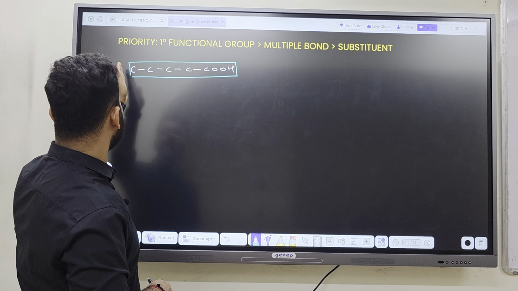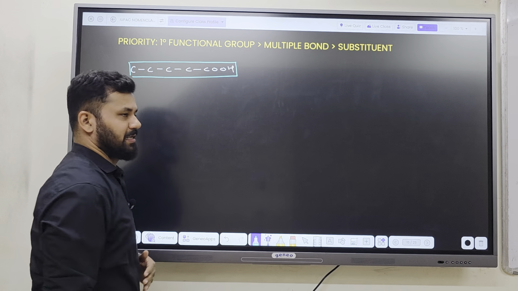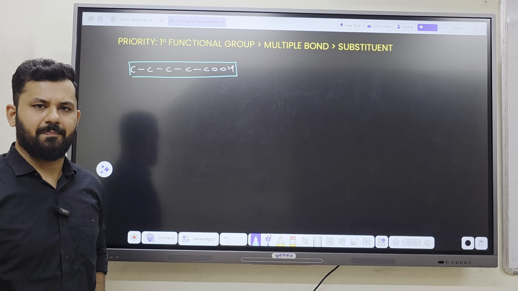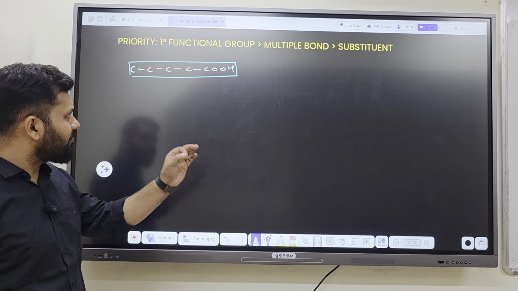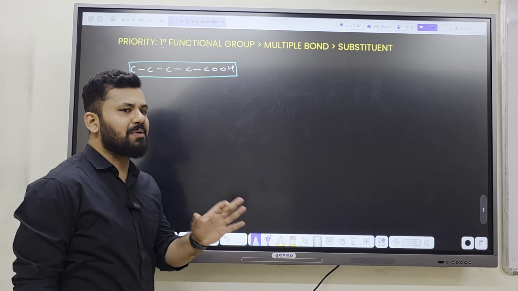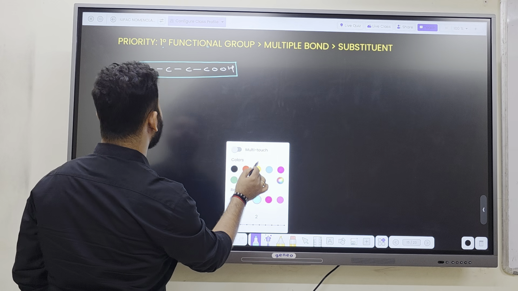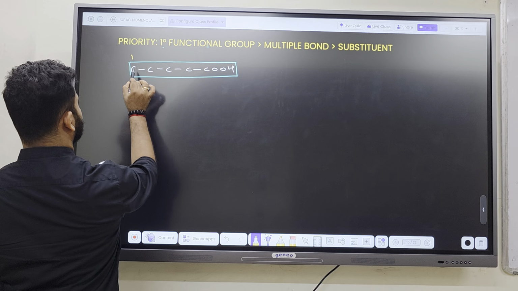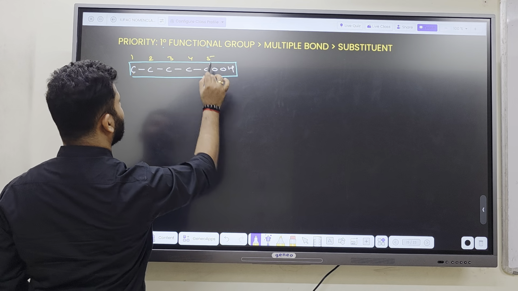You can go from this end to the right hand side end, or you can go from right hand side to left hand side end. Only two ways are there. So which way do we prefer? We prefer that way in which the primary functional group gets the minimum possible number. For example, if I start numbering from left hand side, this carbon gets 1, 2, 3, 4, 5.